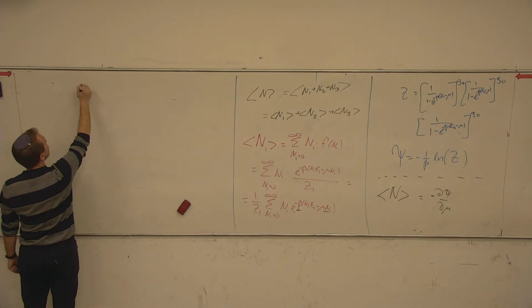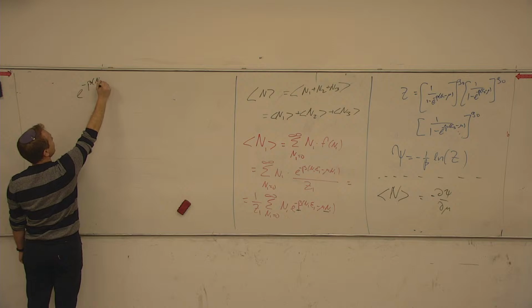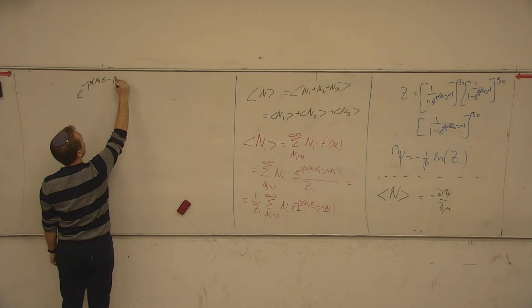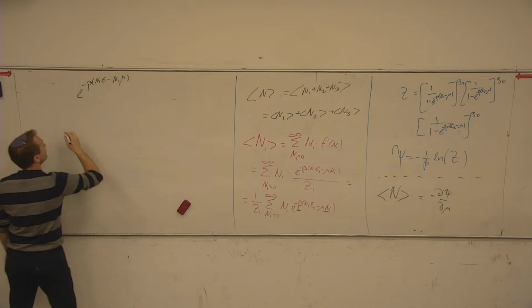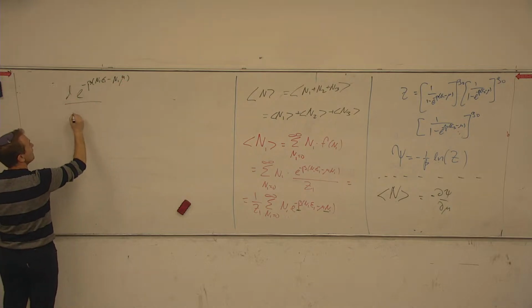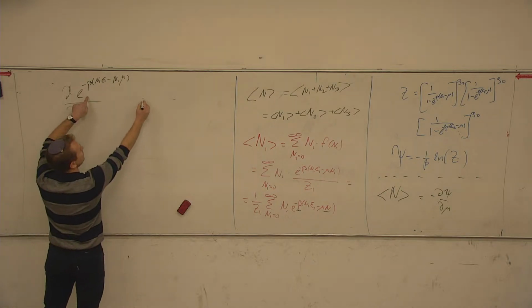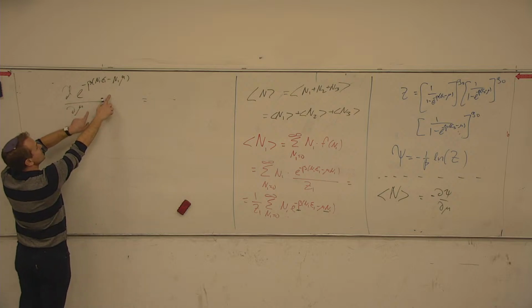If I had e to the power minus beta n1 epsilon 1 minus n1 mu, and I take a derivative of this with respect to mu, what do I get?